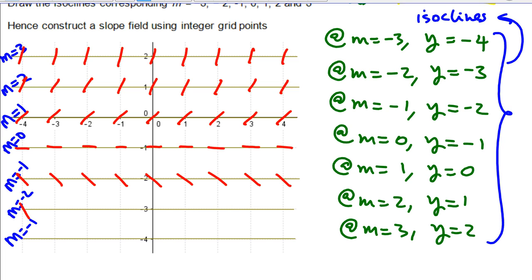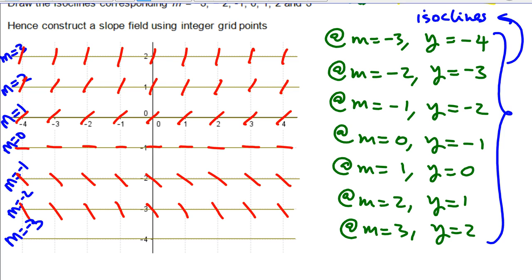Negative 2, so slightly steeper. Negative, y is equals to negative 4, that's negative 3. This is supposed to be negative 3, sorry.